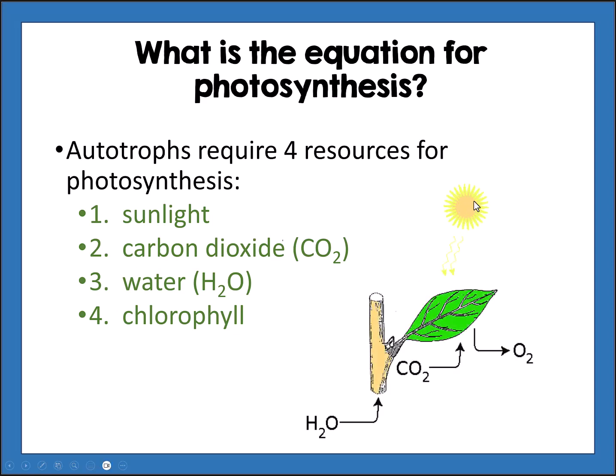So here are 4 different inputs. We've got light energy coming in, and we've got carbon dioxide coming in from the air, water coming in from the roots and also from the leaves of the plant, and then chlorophyll, which is being found in the leaves, and then oxygen is leaving, which we'll talk about in a second.